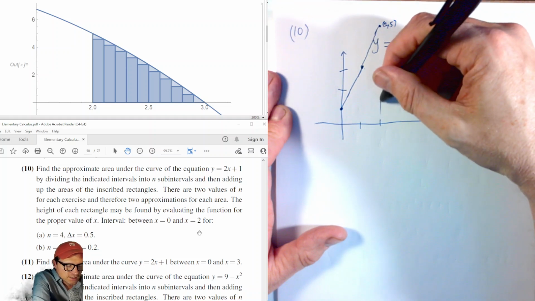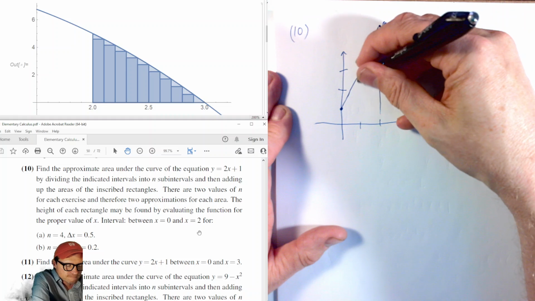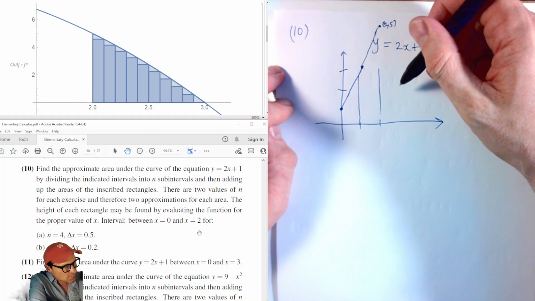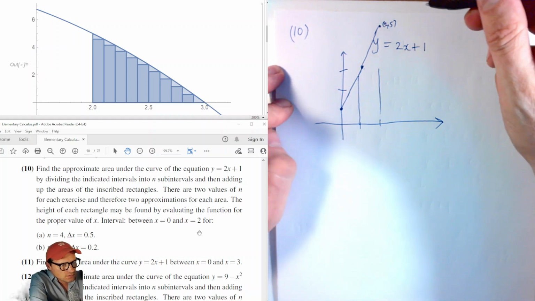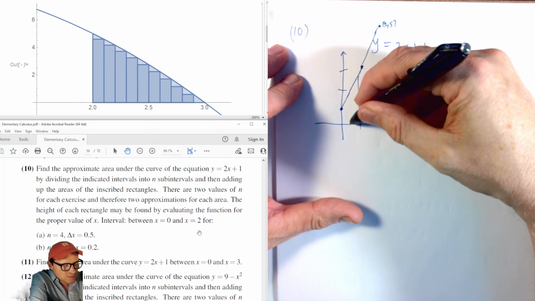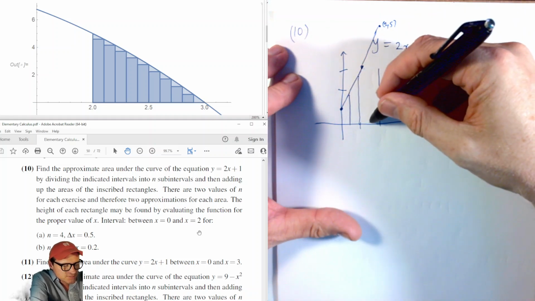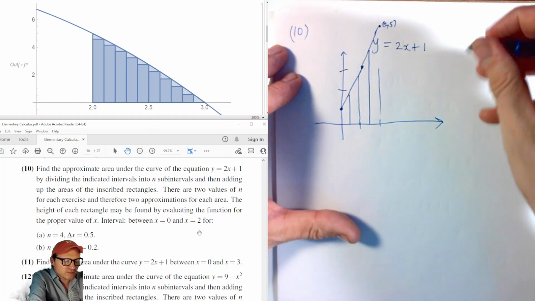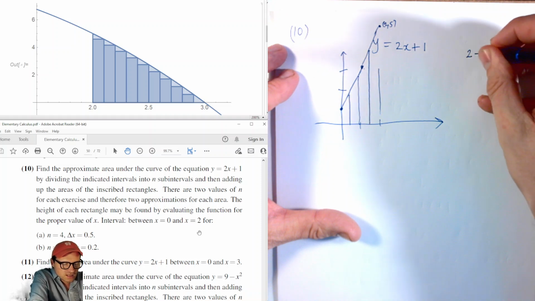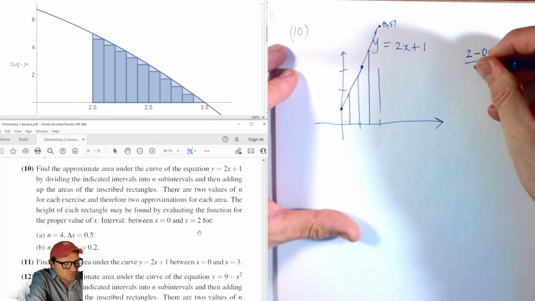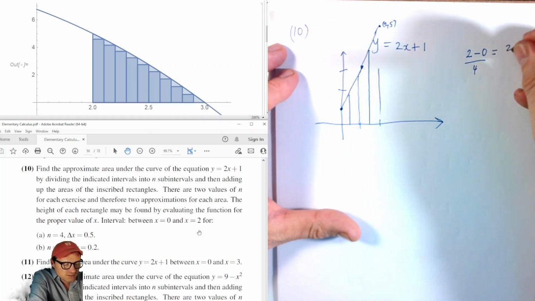All right, and so we seek the area under this line. All right, now it says divided into 4, so that would be with a step size of 0.5 in this case, because the endpoint's 2 minus 0 over 4 is 2 over 4, which is a half, but let's call it 0.5.